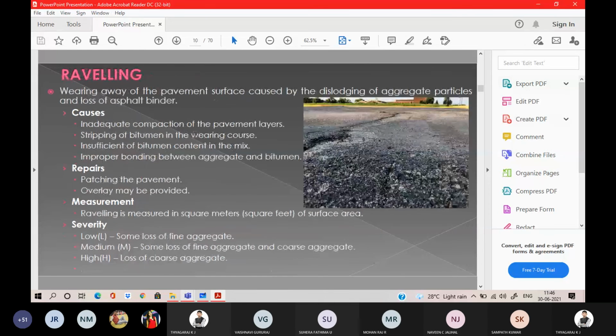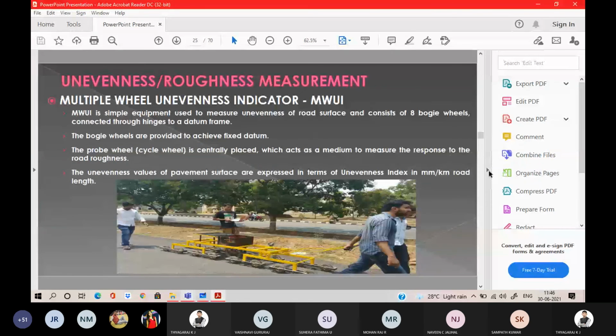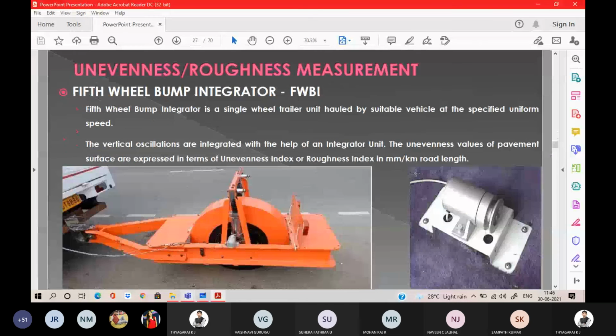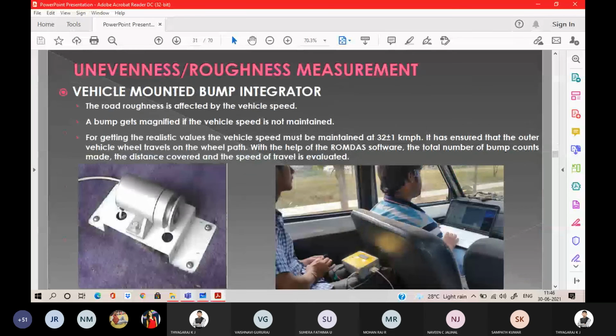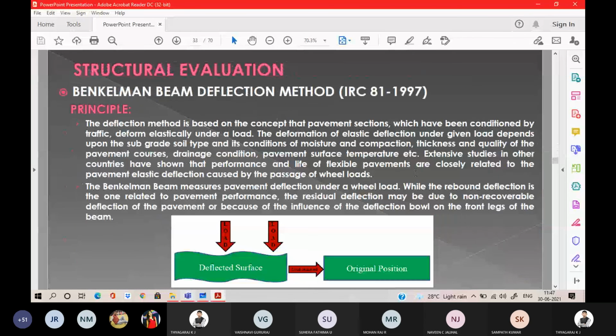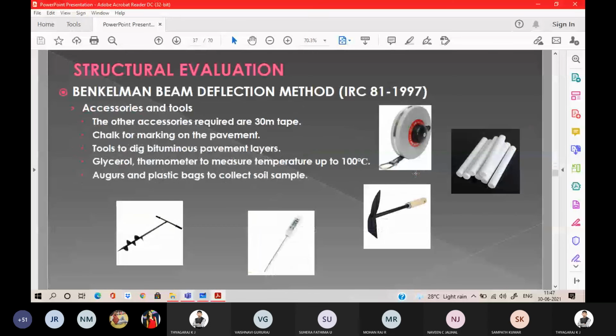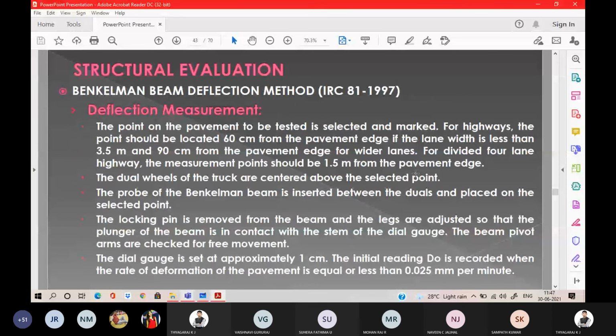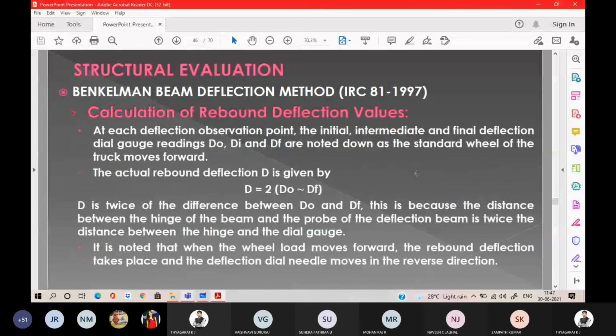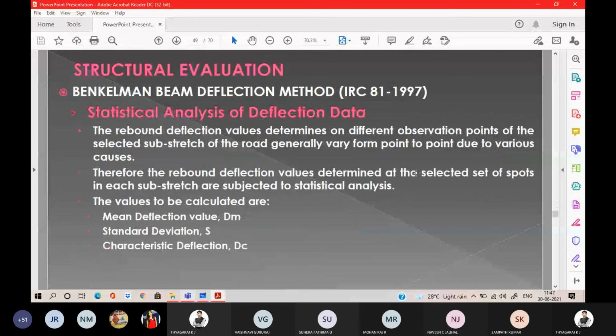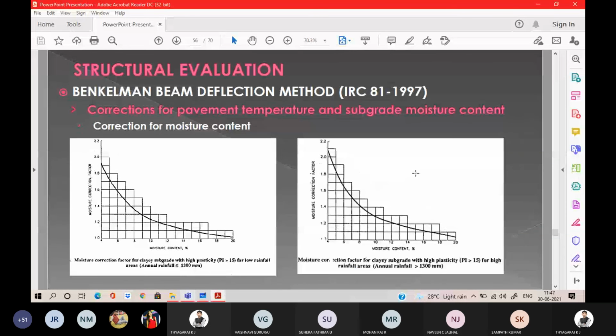Any doubts in the question paper? Have you faced any doubts or anything difficult in the question paper? And I observed one thing related to FWD.